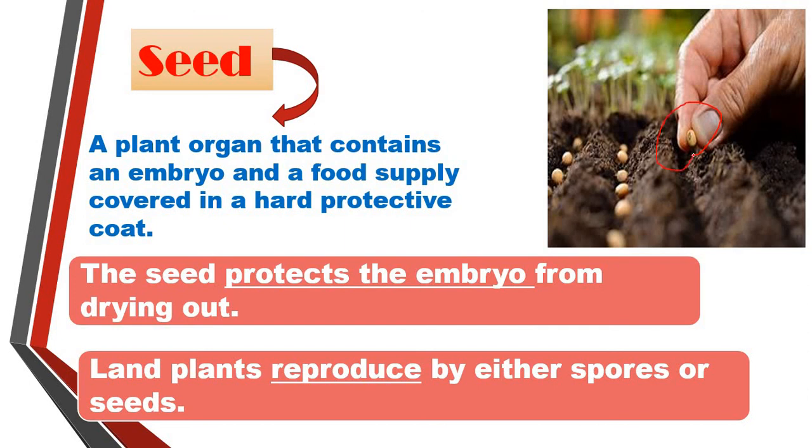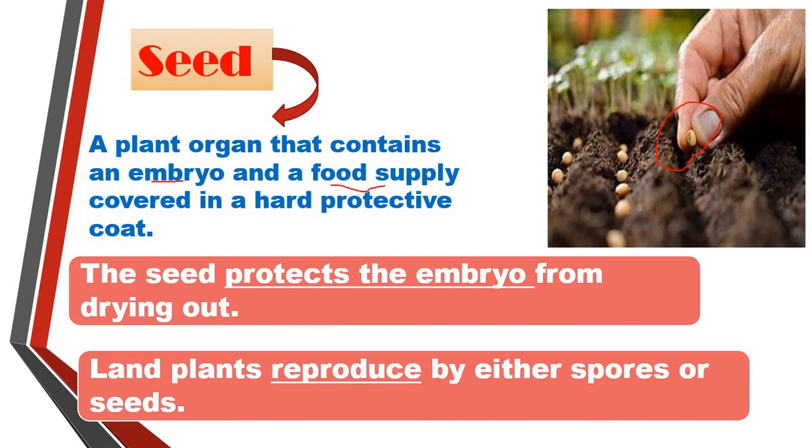This is the seed. The seed is also a plant organ containing the embryo plant, and also it will contain the food supply important for the whole plant to grow, and it's covered with a hard protective coat to prevent the loss of these important nutrients.